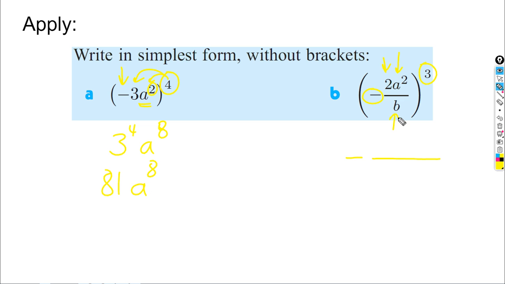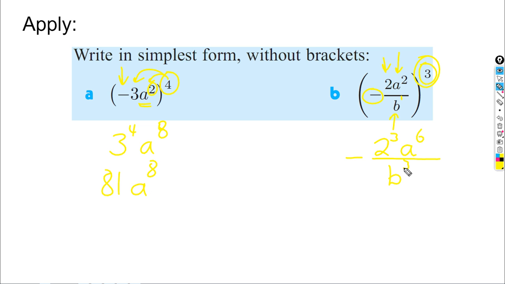Well, 2 to the 3rd power is our first one, because we're distributing this 3 here again. We already have a to the 2nd power, now being raised to another power. We multiply those, so we'll have a to the 6th power. And then b was just like an implied 1 there, so it's going to be b to the 3rd power here.